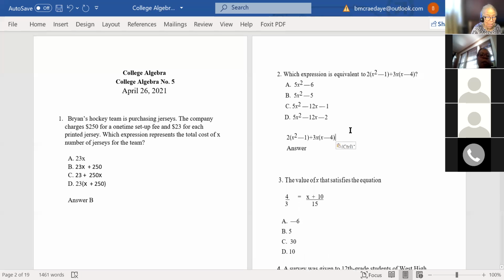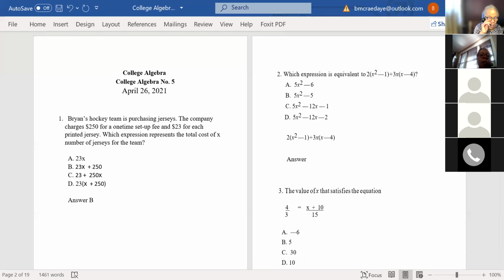Now, 2x squared, that's 2 times x squared minus 1. What did you get, Audrey, when you multiplied that out? 2 times x squared is what? Is 2x squared, right? Okay, so that's 2x squared.